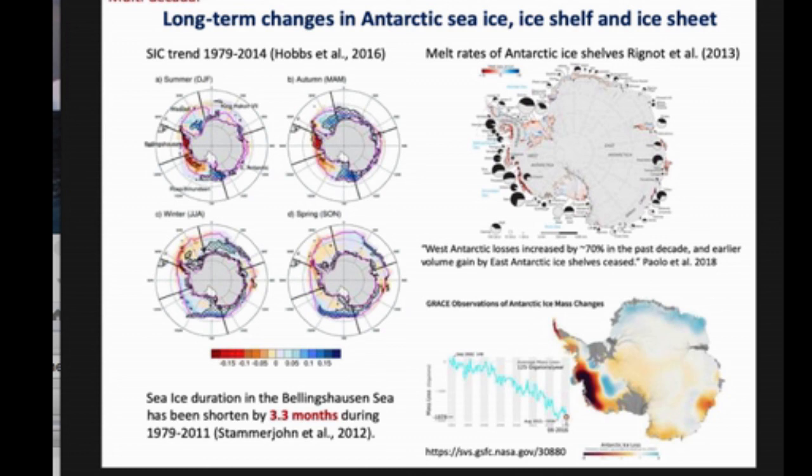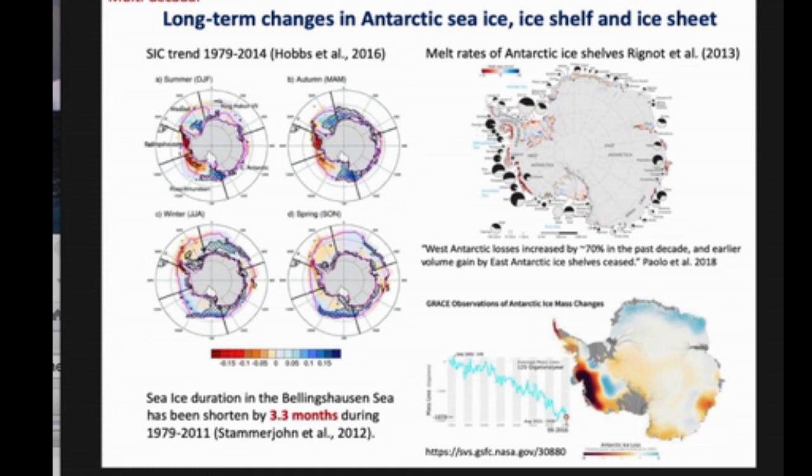Now we go to the glacier ice, and this is the ice shelf. This paper published in 2013 shows the ice shelf thinning, with contribution by the basal melt in the black and front break off in the white.